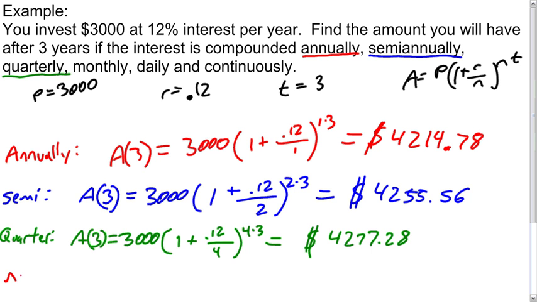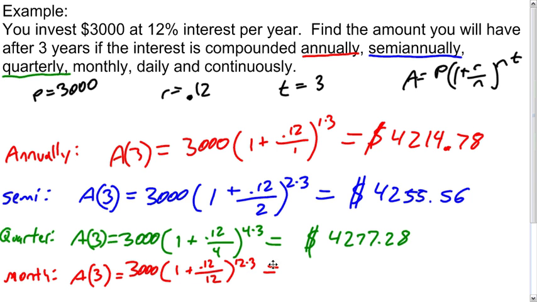Now let's check monthly. So that means it'll be compounded 12 times in a year. $3,000, 1 plus 0.12, compounded 12 times. 12 times times 3 years.